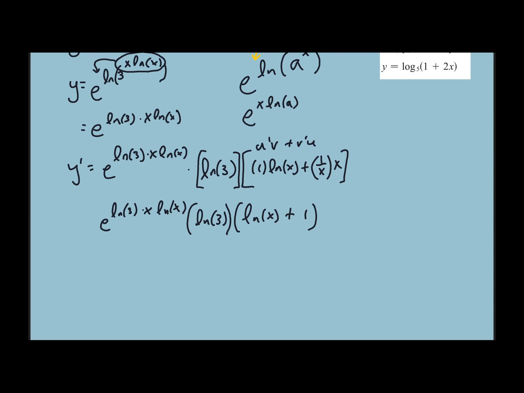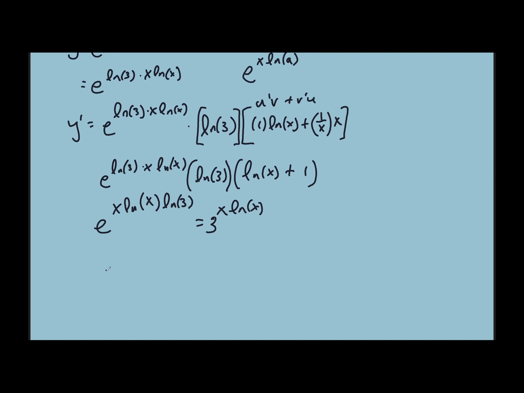Now, where are we at here? Well, we can kind of replace this back in because we know what it is. e to the x ln x, ln of 3 is the original 3 to the x ln of x. Remember?